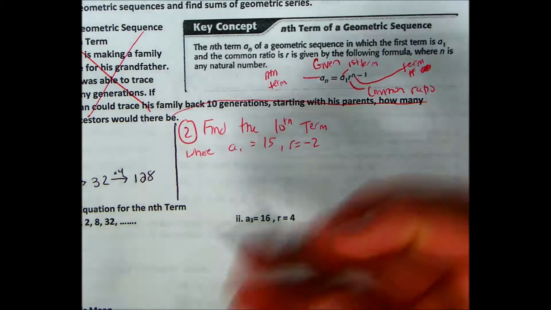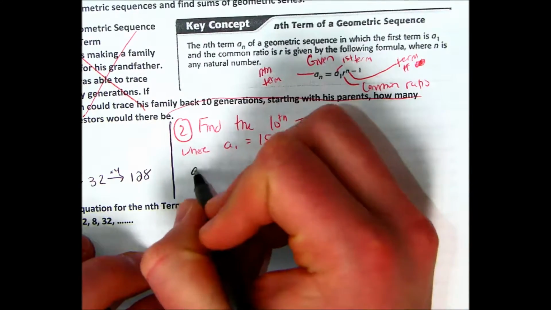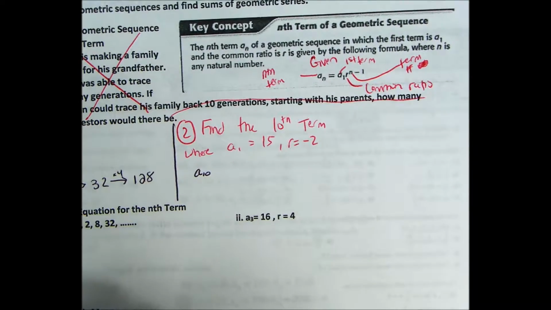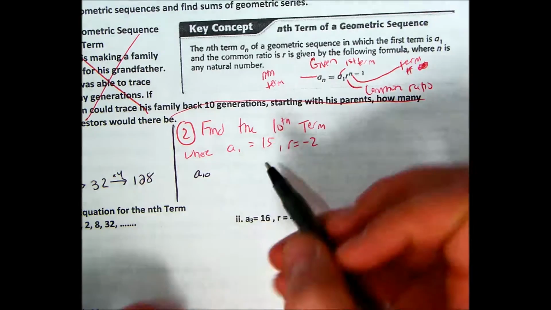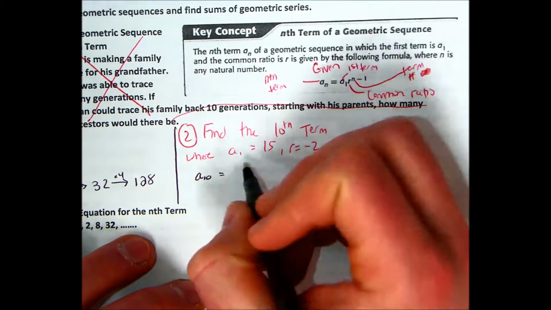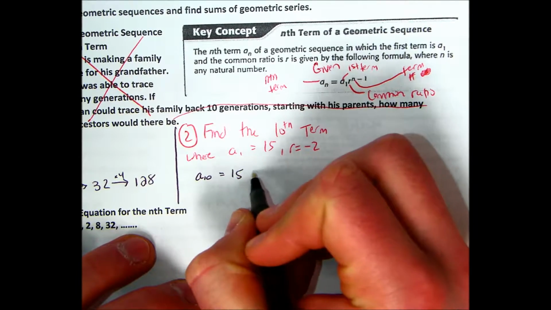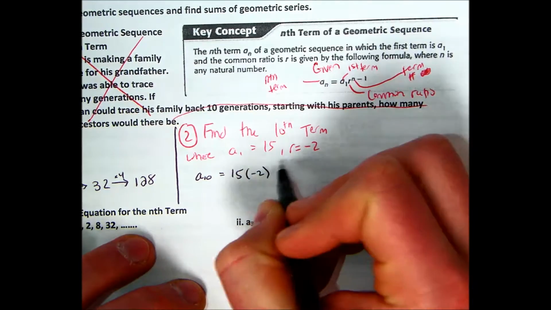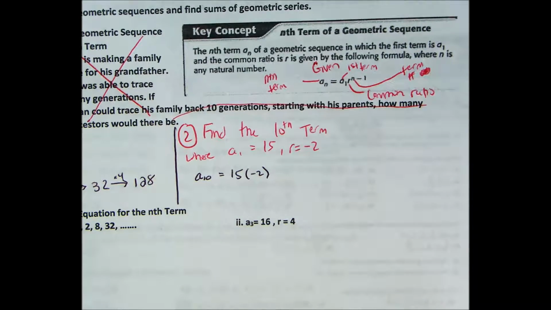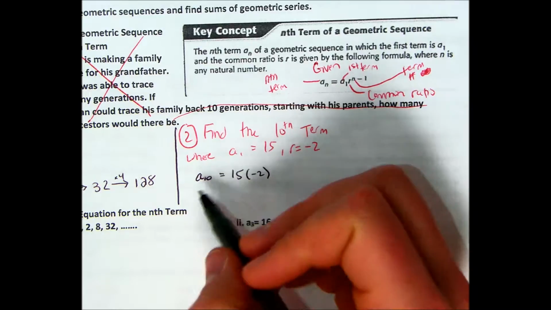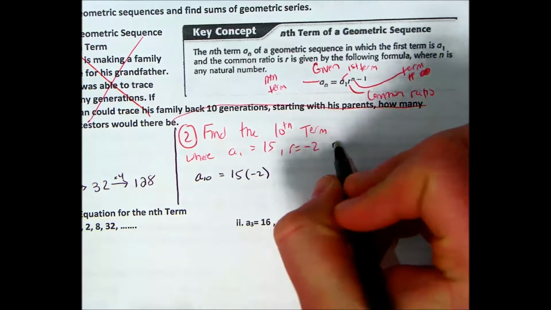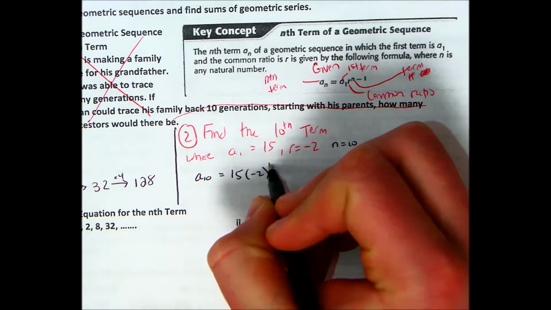So we're looking for A10. The 10th term, A sub 10, equals A1 is 15, our R is -2, and then our n, right? n is the term number. So we're looking for the 10th term, so n equals 10. So we have 10 minus 1. Now we have 15 times -2 to the 9th.